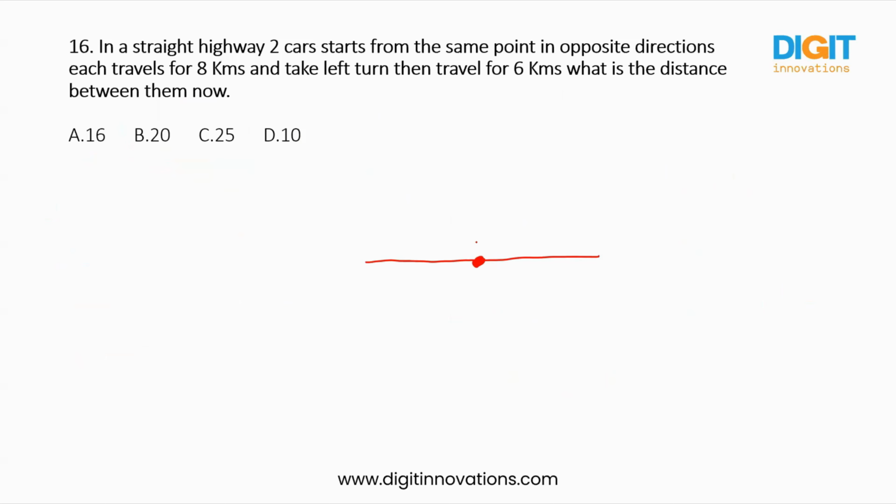So if this car travels this direction and this car travels the other direction, both travel 8 kilometers, then take a left turn and travel for 6 kilometers.